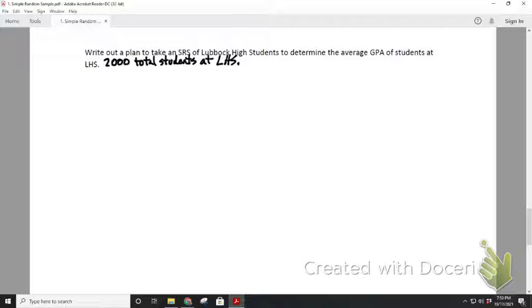They wanted a really weird sample size. Let's go with that. Take a SRS, or I already typed SRS. Take a sample of 57. So I'm going to show you 2 ways. I'm going to show you the hat method and then the random number generator.